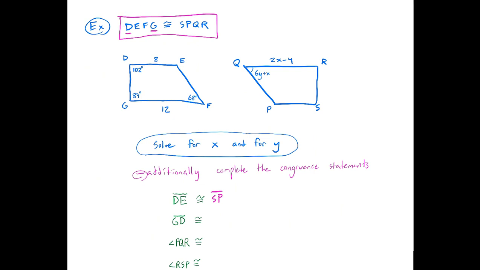So GD is the same as RS. Okay, angle PQR, so last three letters, is the same as EFG. Right, and then RSP. So R, that's last letter to first, second. So last letter to first, second, that's GDE.